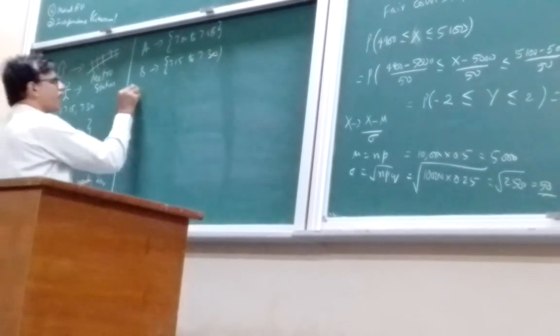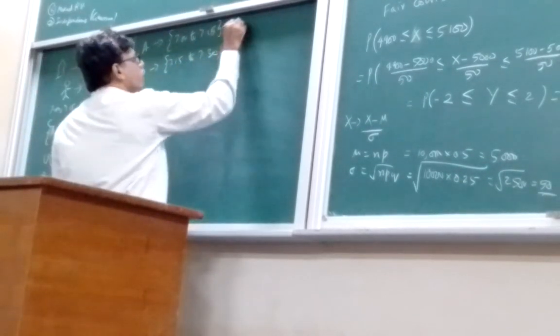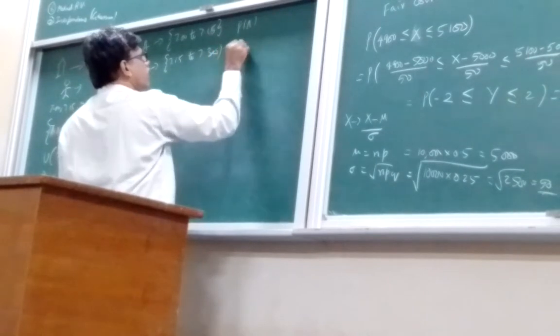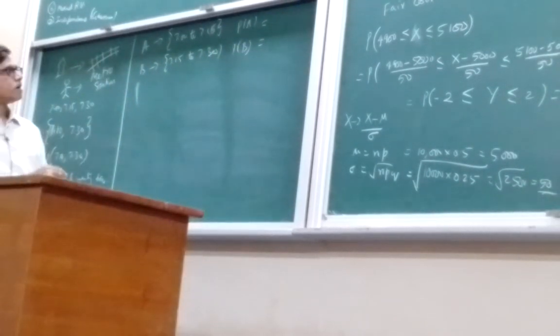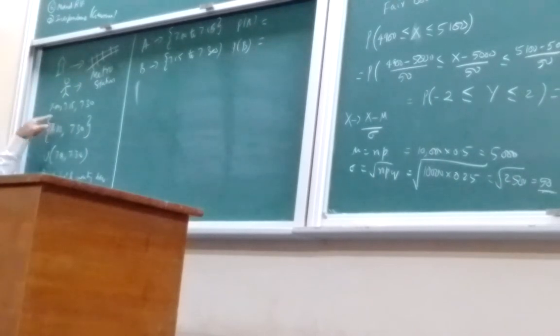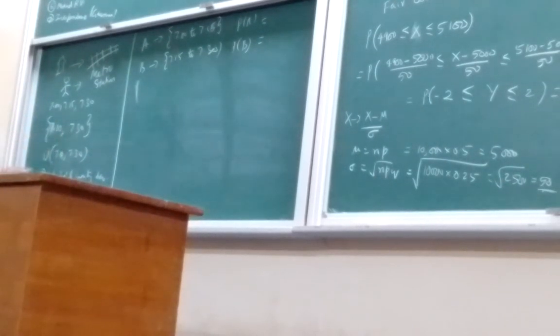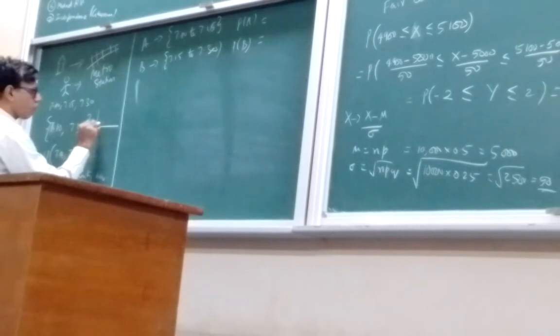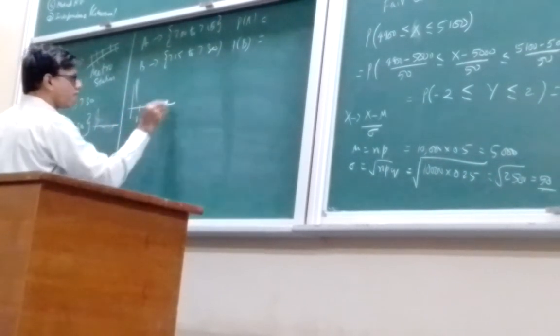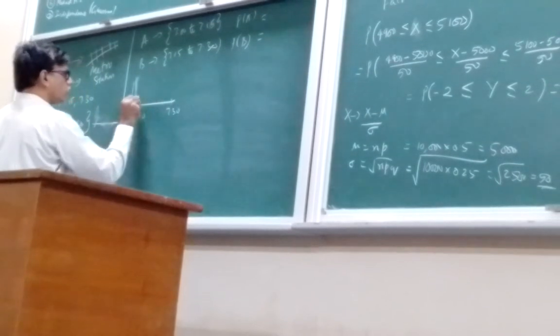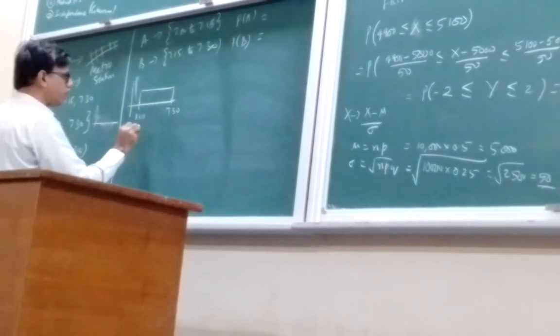And immediately we can calculate P of A and P of B. What is P of A and P of B? Arrival time is uniform between this. This is 20 minutes interval.